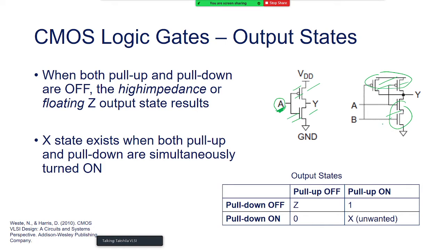That condition is unwanted. What is the logic that comes here? The y equal to x is unknown, and you don't want that, right? So usually that doesn't happen, or you avoid it. So if pull up and pull down networks are simultaneously turned on, then an unknown state can exist, which is unwanted.